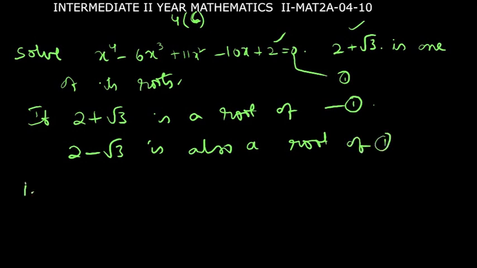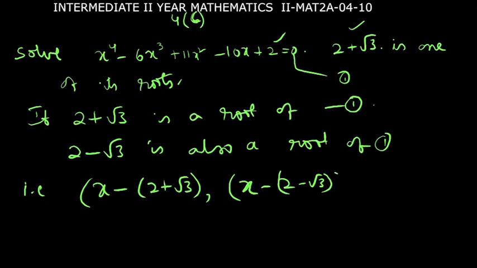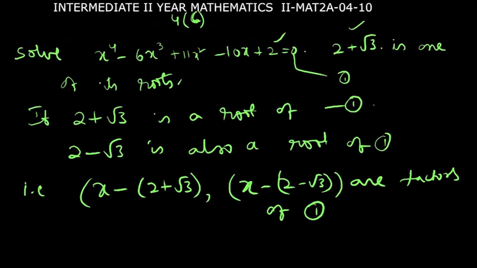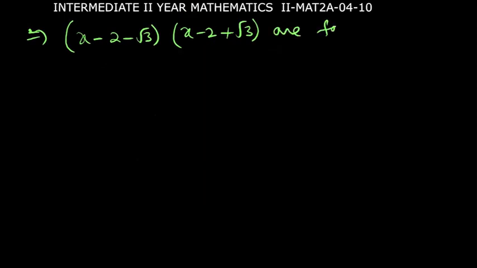That is, x minus 2 minus √3 and x minus 2 plus √3 are factors of the equation.